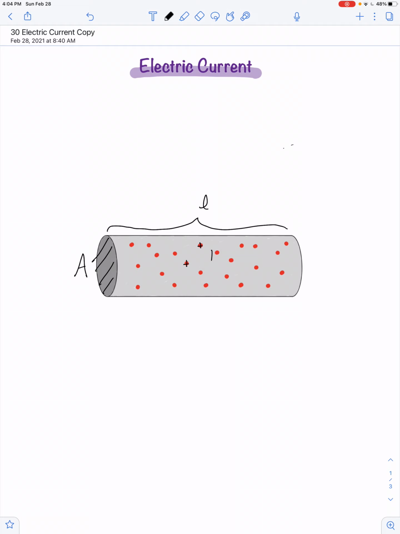Let's say we take a little segment of volume. The total volume of this whole cylindrical conductor obviously would just be A times L. So this little segment represents some fractional amount of the volume.